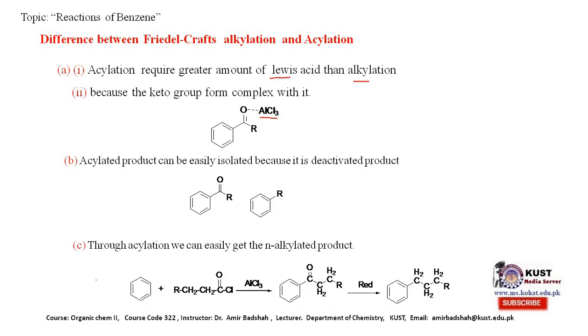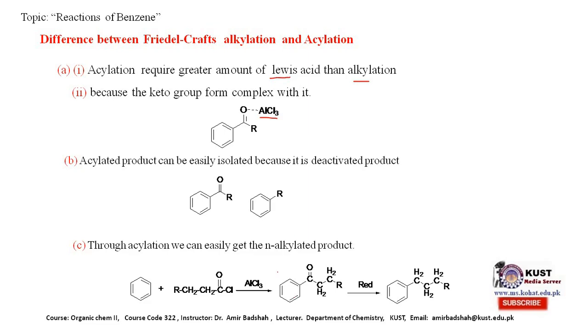And the other one is that through acylation we can get straight-chain alkylated product, as we have discussed in the previous section that a straight-chain alkylated product was not possible through alkylation, where we get an iso, a branched type of alkyl group added to the ring.